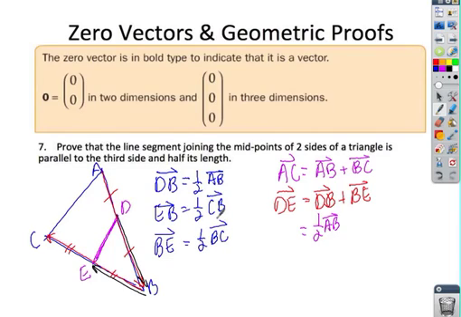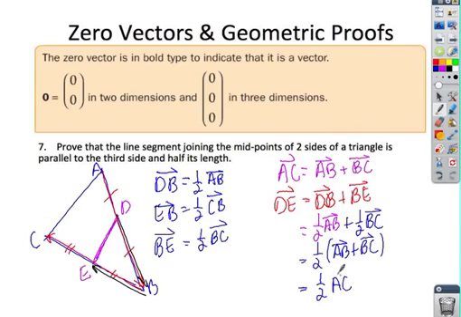As long as I'm doing the same thing on both sides, it's equal. So this is plus 1/2 vector BC. And again, as long as my scale is the same, I can factor out the 1/2. So what we have is AB plus BC, and by vector addition, AB plus BC will equal AC, and that's what we've been trying to prove.